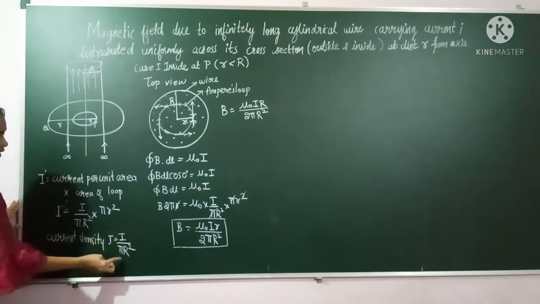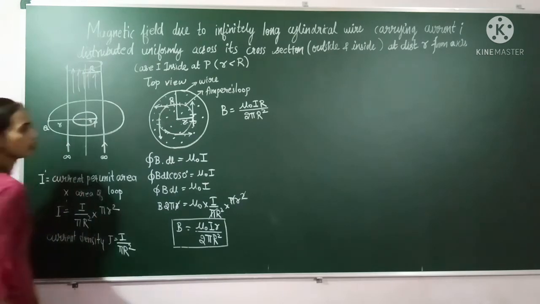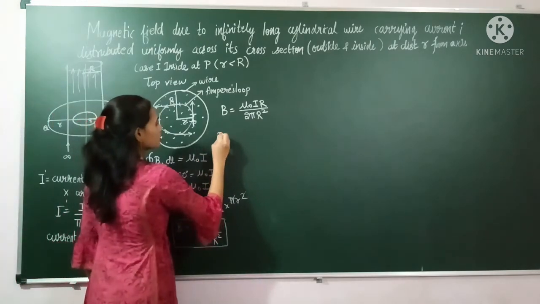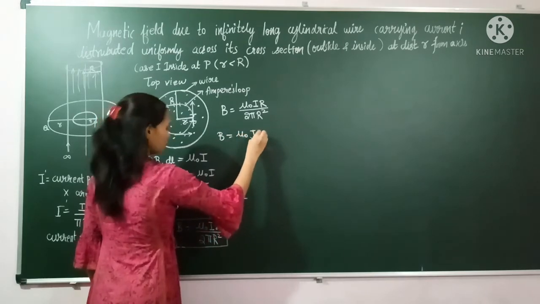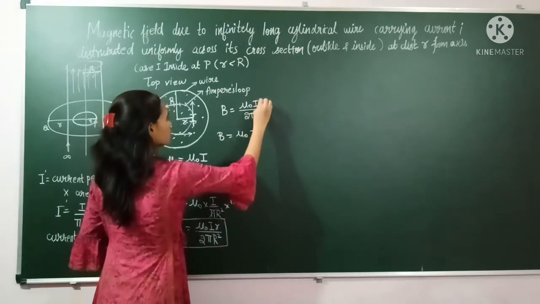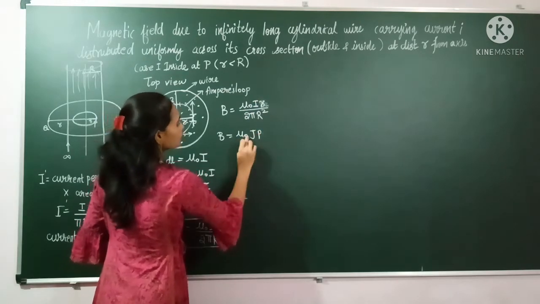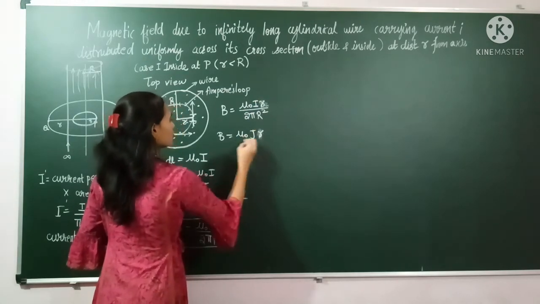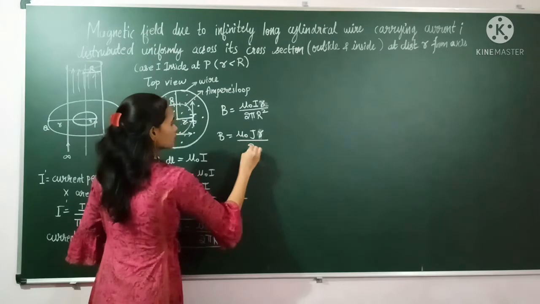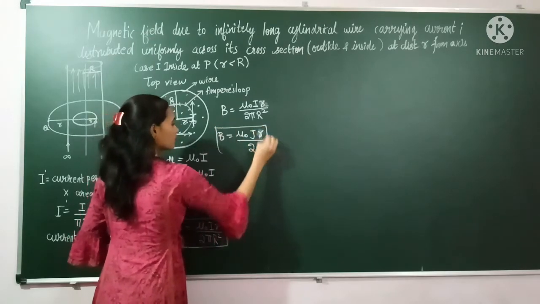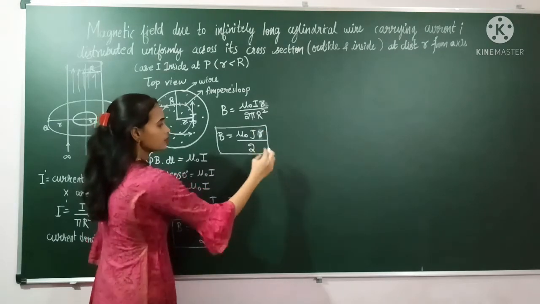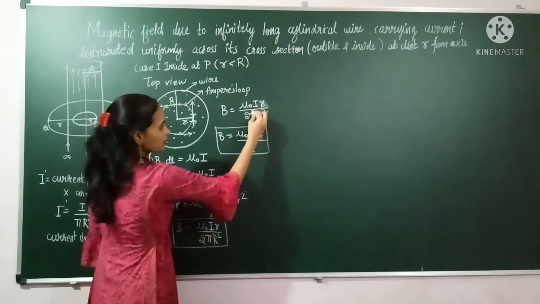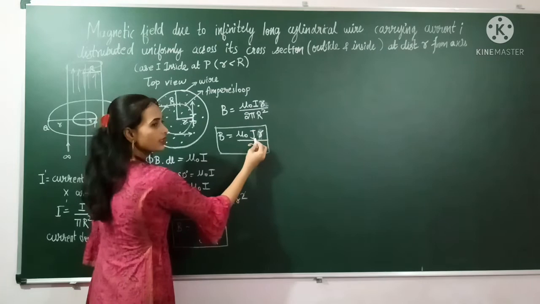So you can substitute this I by pi R square in terms of J. Now this formula becomes B is equal to mu naught J into small r divided by 2. This formula we have to use whenever we want to calculate in terms of current density.